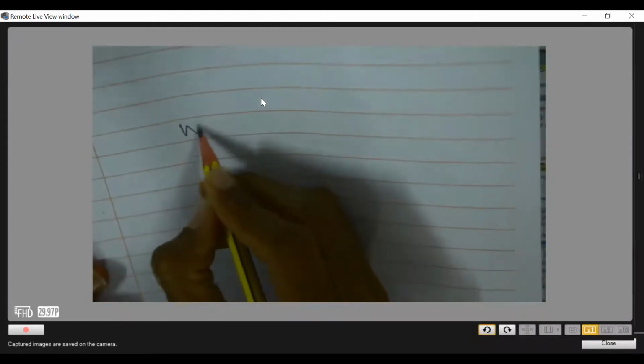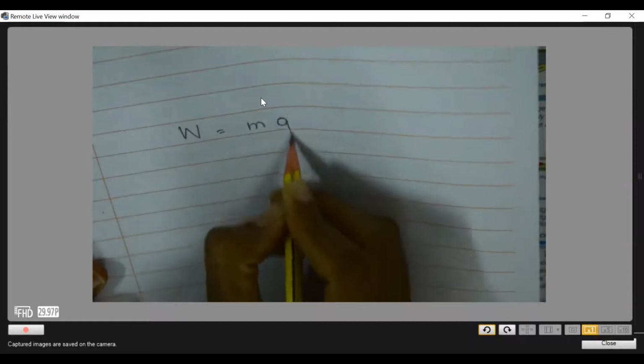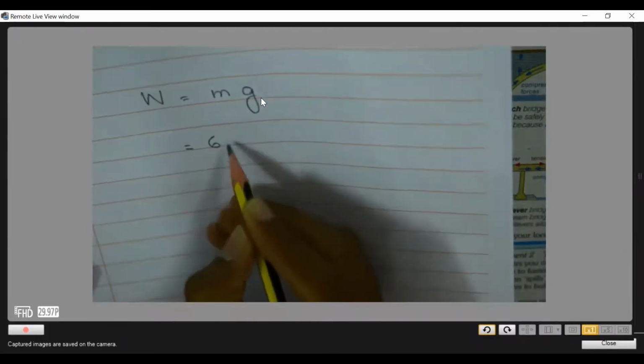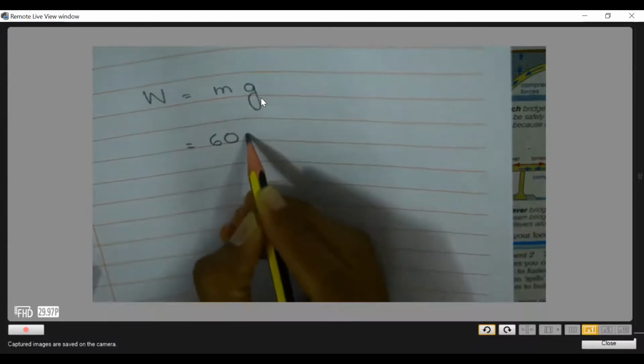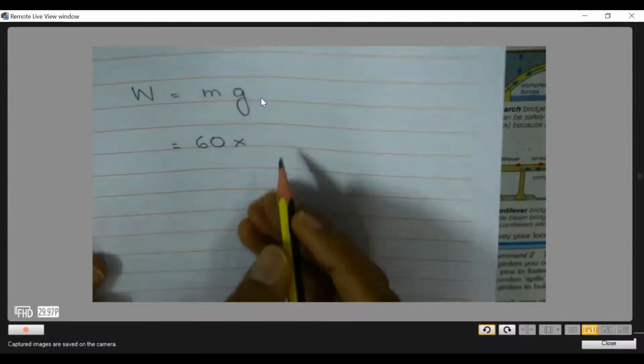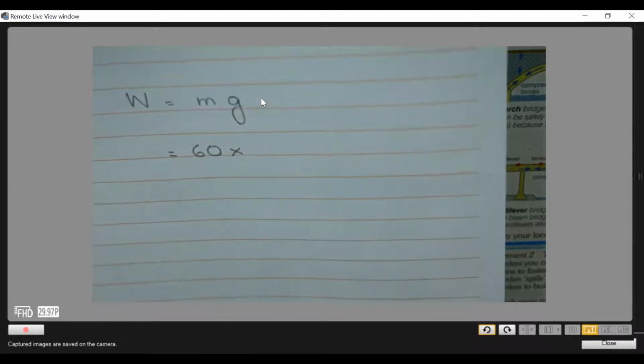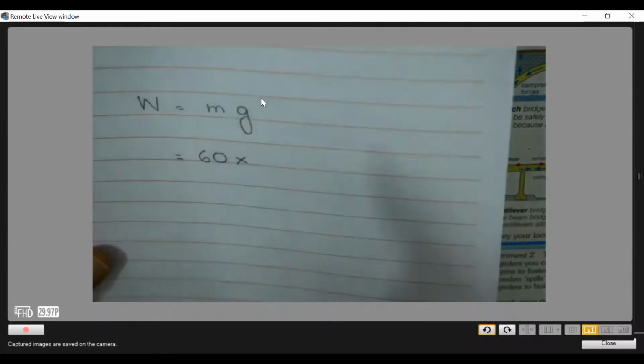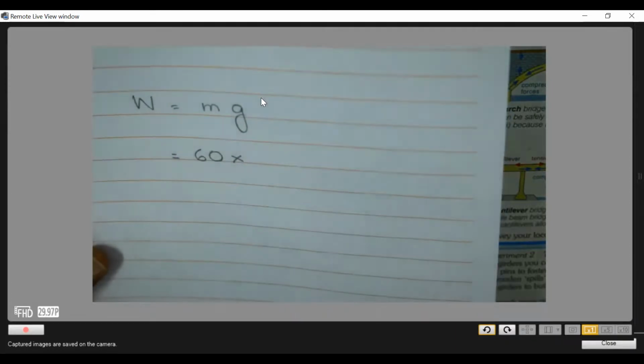Teacher, why are you dividing? Do you know? Because the weight is 6 times more. Teacher, we are dividing because the amount will get less, because minus is equal to divide. Sorry, the weight on the moon is 6 times less. Yes, the gravity on the moon is 1/6 that of the gravity of Earth.